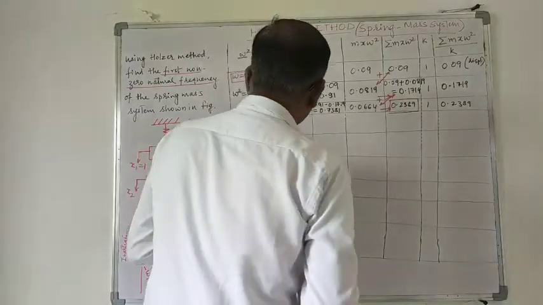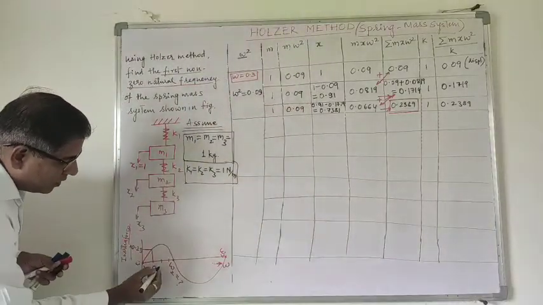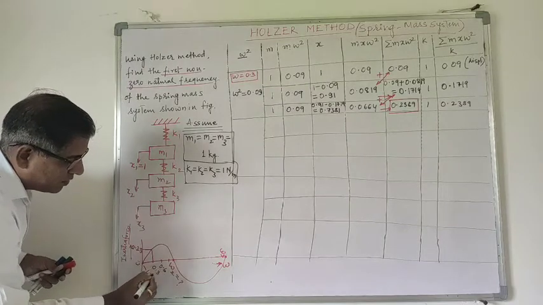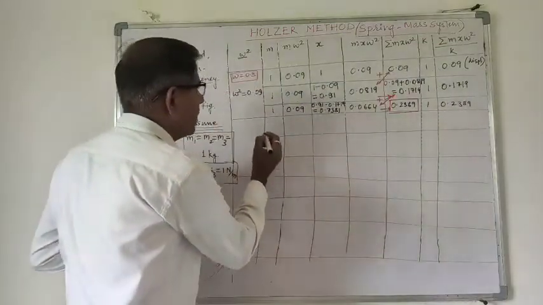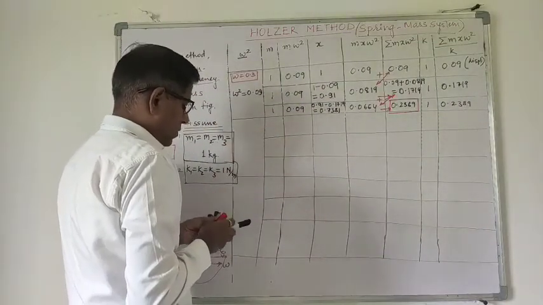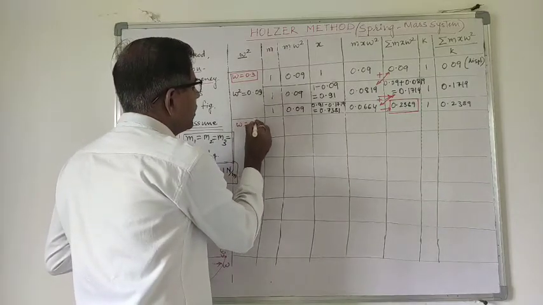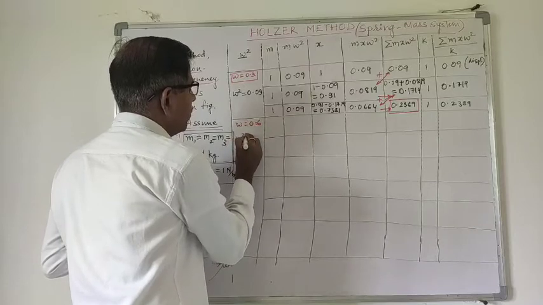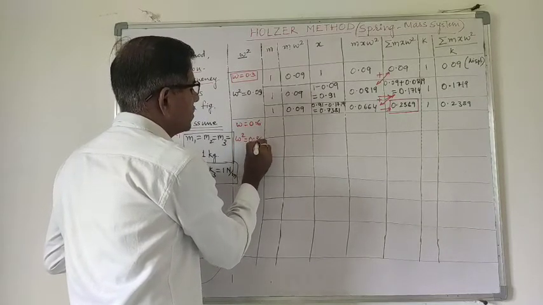So in the next iteration, I will assume omega is equal to 0.6. That means omega square is equal to 0.36.